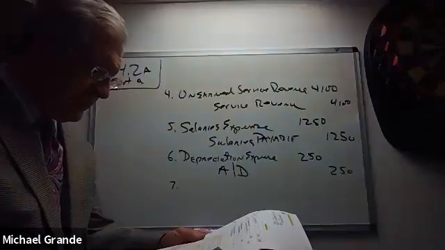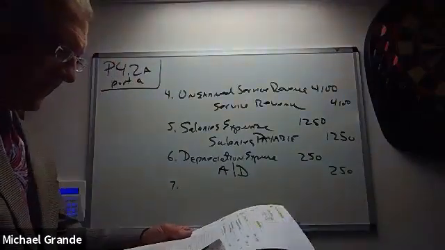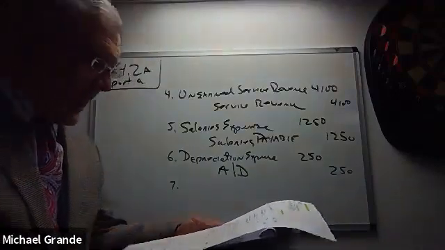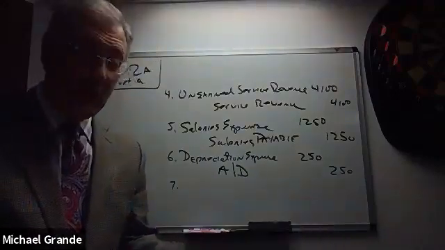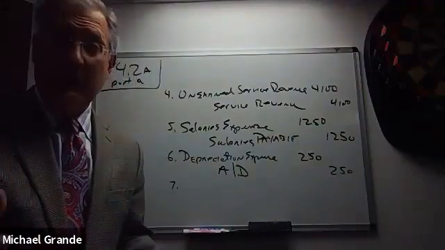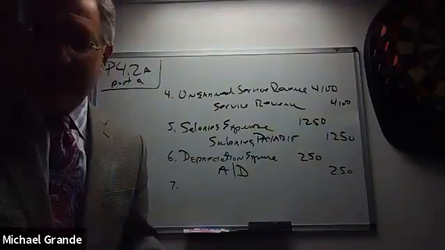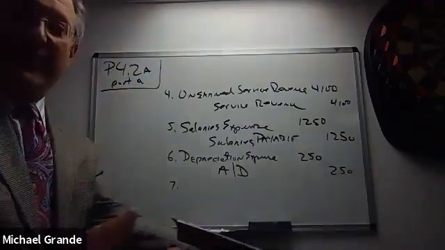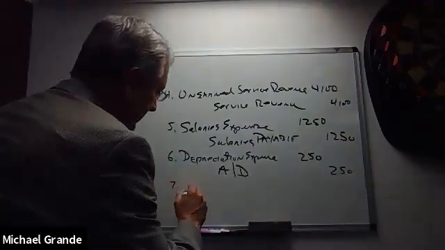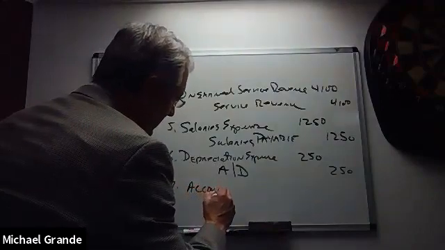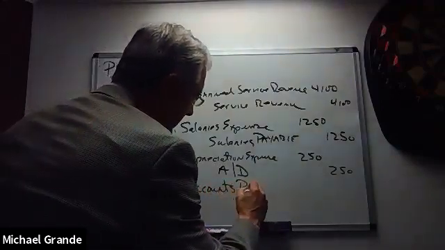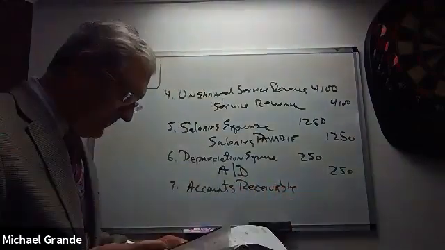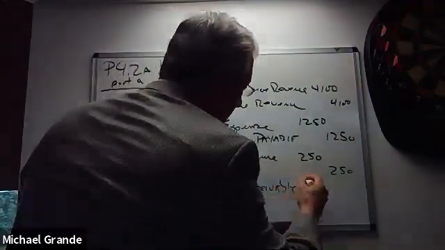And then item 7, it says invoices representing $3,900 of services performed by Kumar during the month have not been recorded. So they have earned revenue, but have not been paid for it yet. So they have to increase the receivables. They have the right to collect some money. That's going to be an asset called accounts receivable. And they said it was in the amount of $3,900.